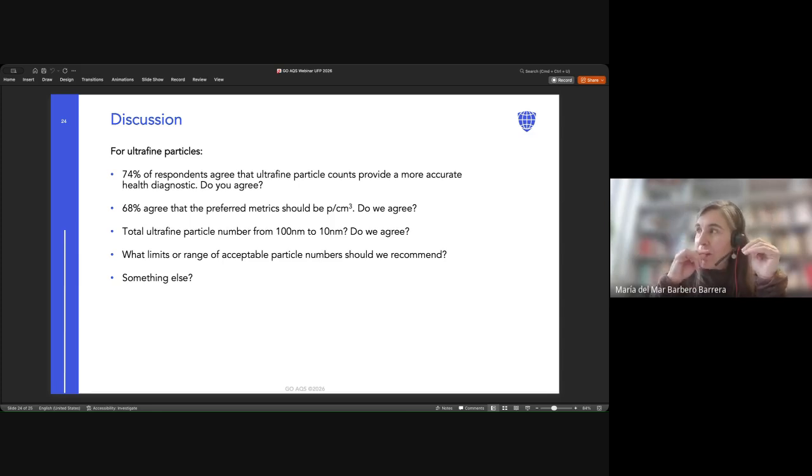For example, we have a device that measures 0.3, and the next size is 1. So the company told us that they were measuring the particles between 0.3 and 1. That is very huge. So I think it's important to try to fix some homogeneous criteria.